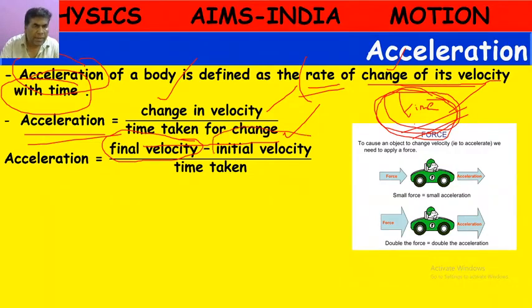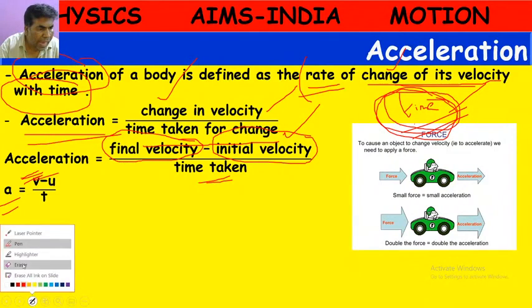In the beginning it will have some velocity, which is called initial velocity. That difference is called change in velocity. Change in velocity by time taken is called acceleration. So here the symbol of acceleration is A.